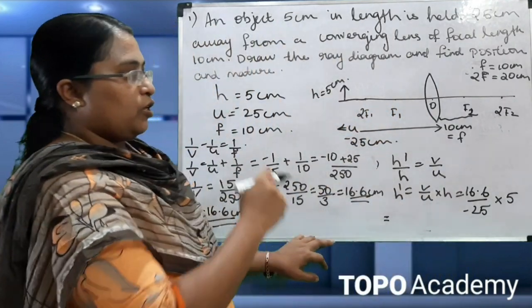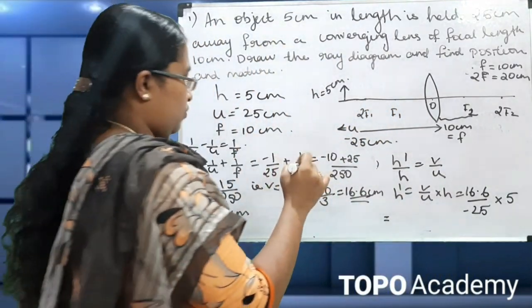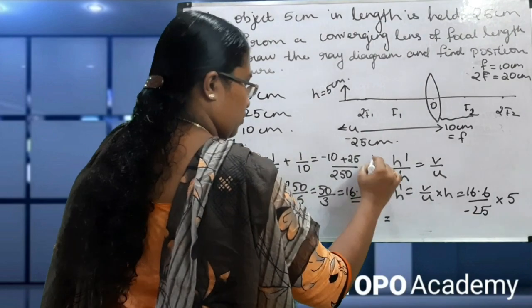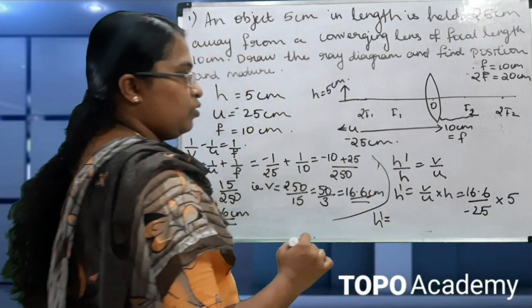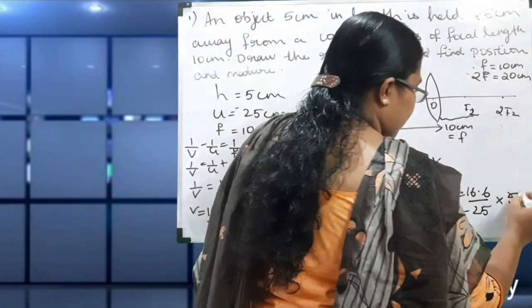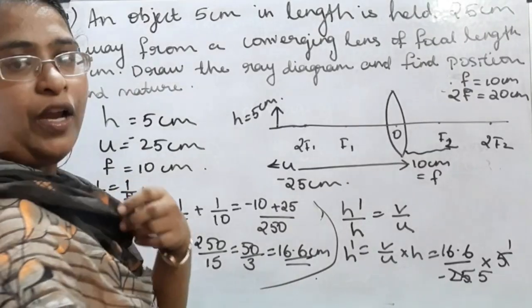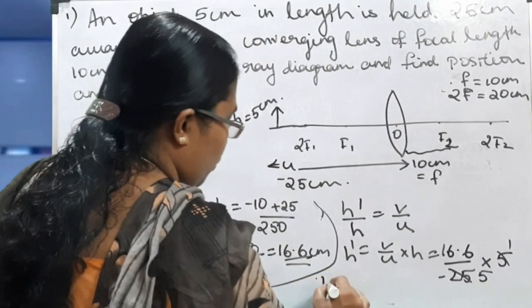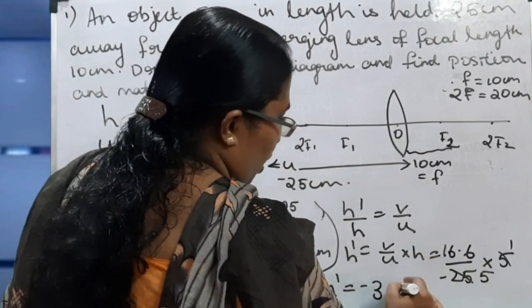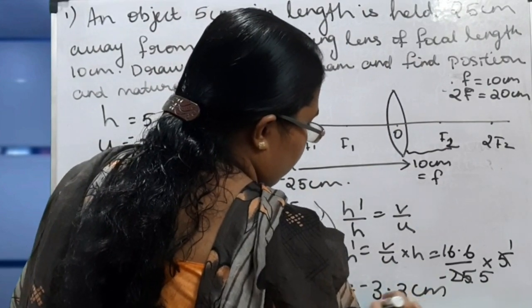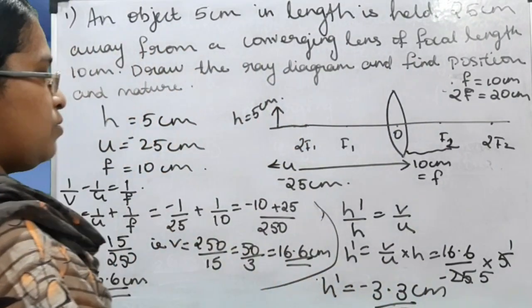So H dash is equal to minus 3.3 centimeter.